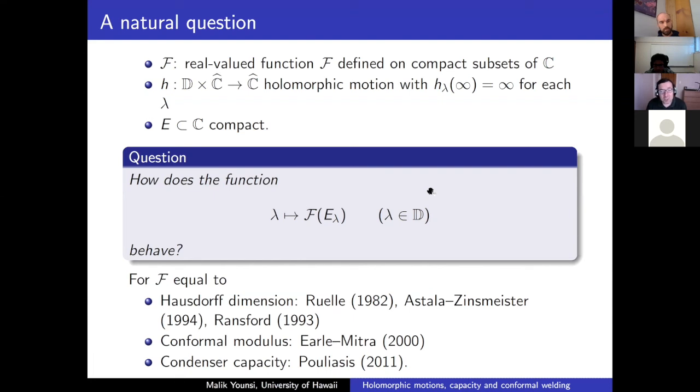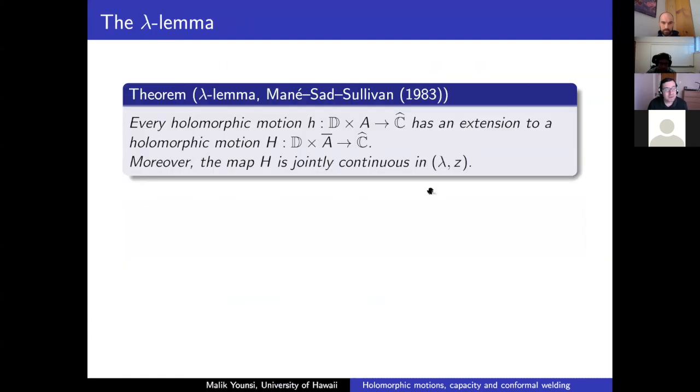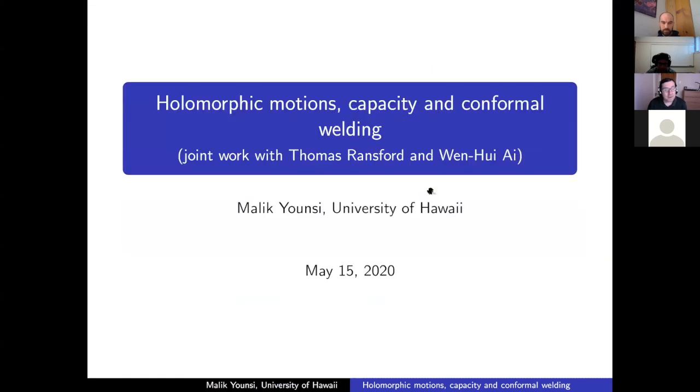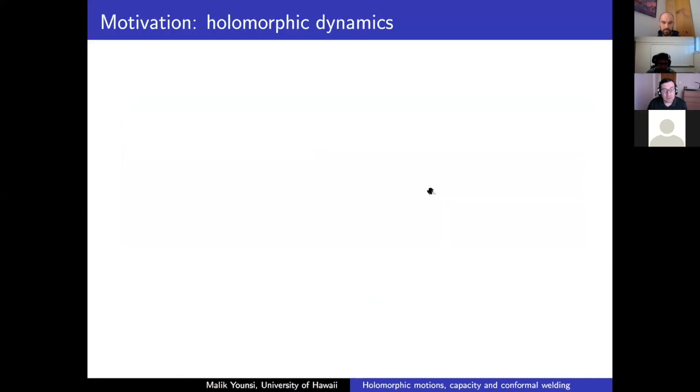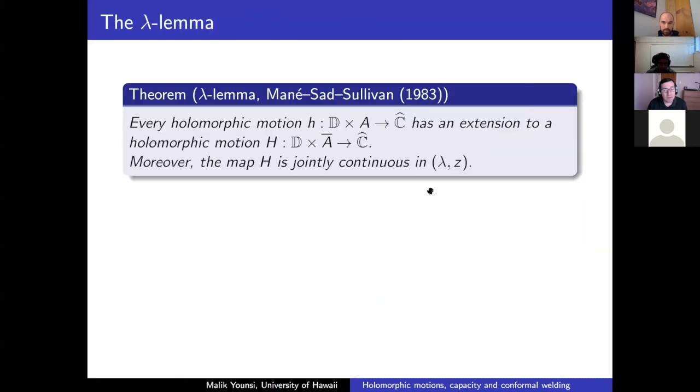There is another question in the chat from Murat. Can this result be generalized to nonlinear capacity like p-capacity? Yeah, that I don't know. That's a good question. We really use this relationship between analytic capacity and one-dimensional Hausdorff measure.